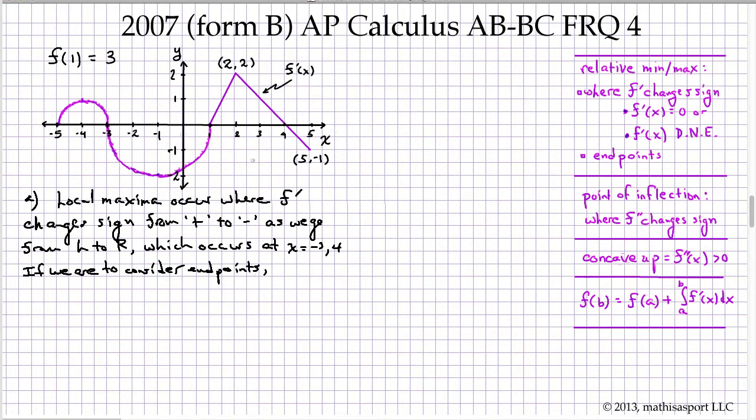And so if we were to consider endpoints, first thing to note is that at -5, f prime is at 0 but immediately goes positive as we go from left to right. So that means points that are immediately to the right of -5 are going to have a higher value than the point at -5. And so -5 is ruled out as a local maxima because there are nearby points that are higher than it.